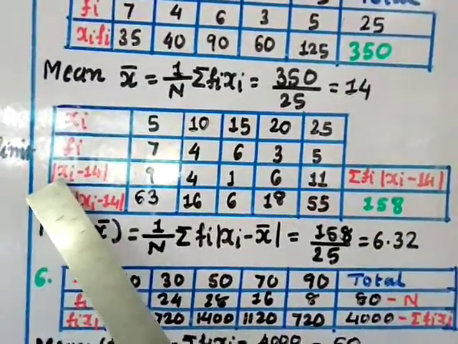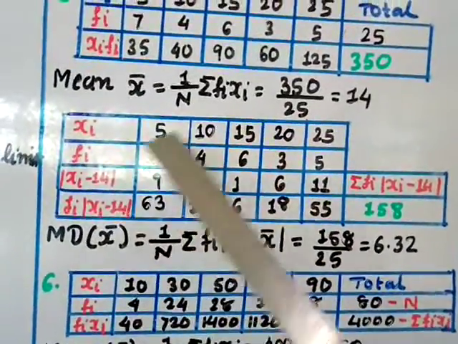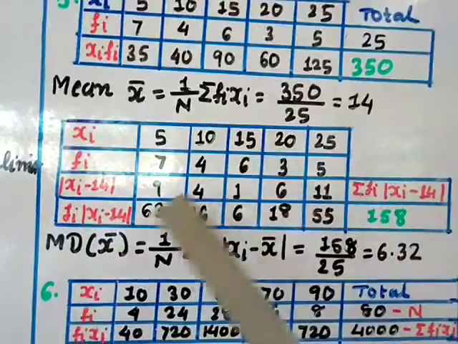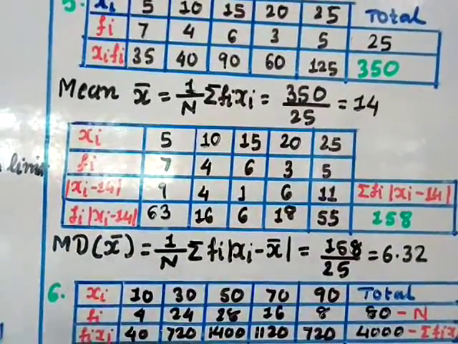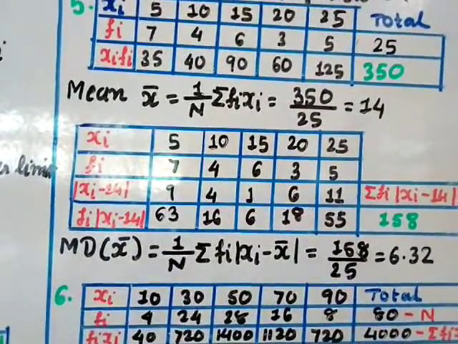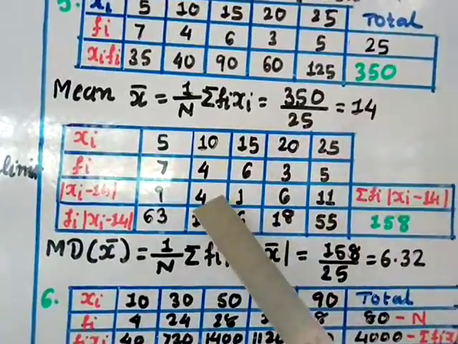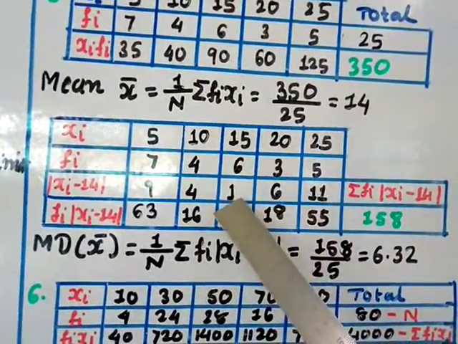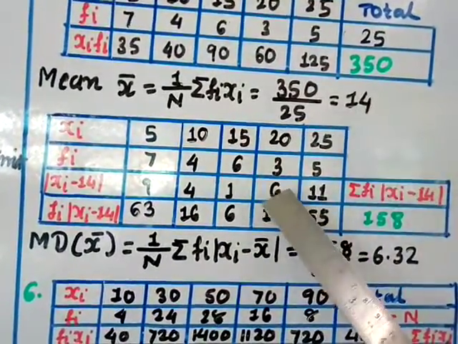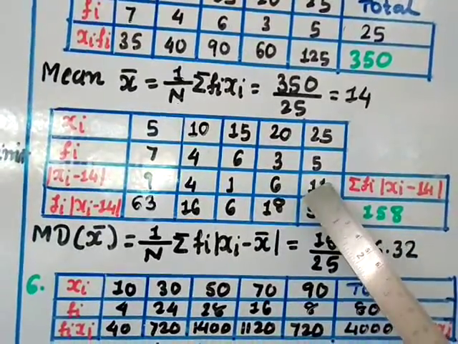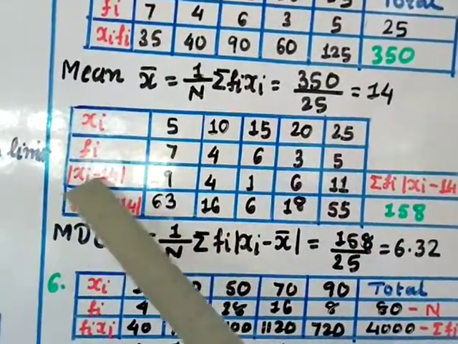Now xi minus 14: 5 minus 14 gives 9. It is minus, but because of modulus it will be positive. 10 minus 14 is 4, 15 minus 14 is 1, 20 minus 14 is 6, 25 minus 14 is 11.